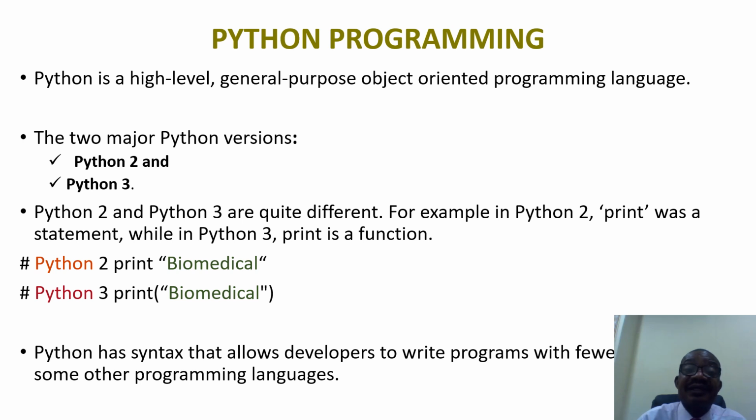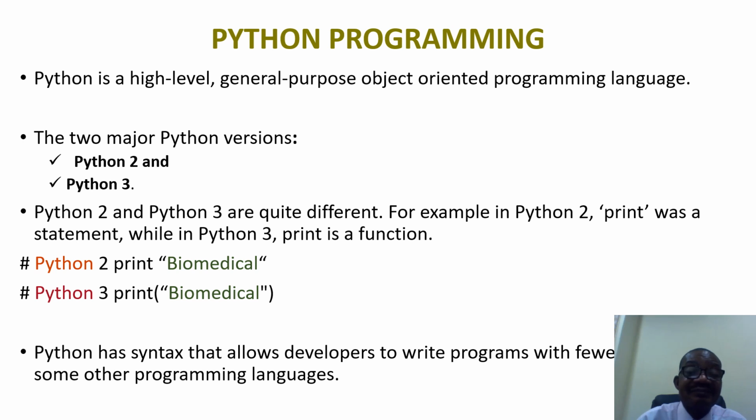So Python is a high-level object-oriented programming language, and there are basically two versions of Python, Python 2 and Python 3. Python 2 and Python 3 are quite different in terms of how their commands are used. For example, when you use the print command in Python 2, it's not accompanied with parentheses.